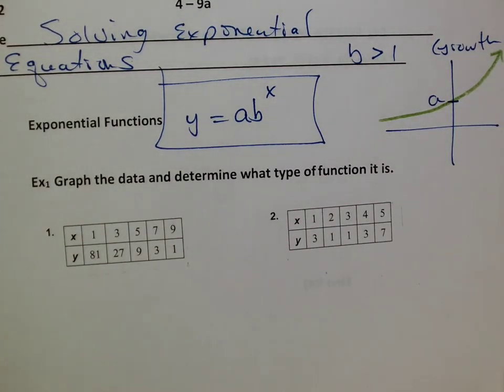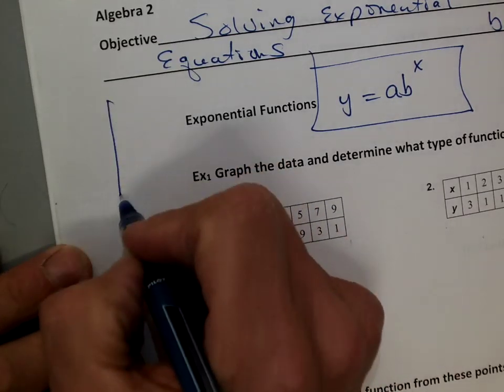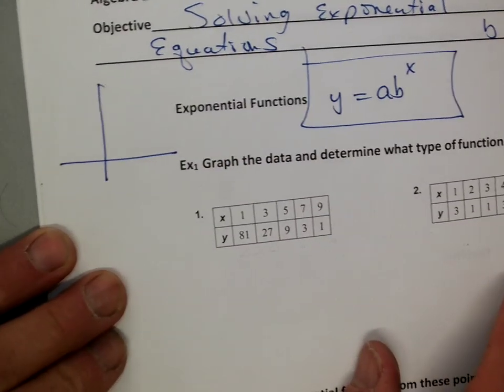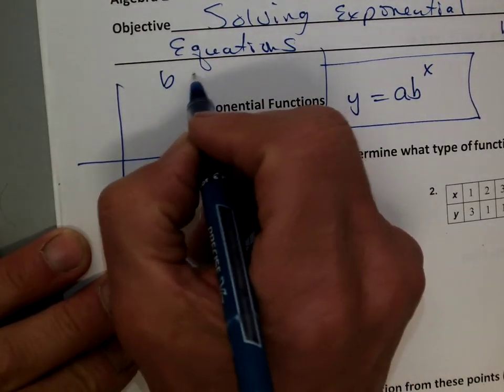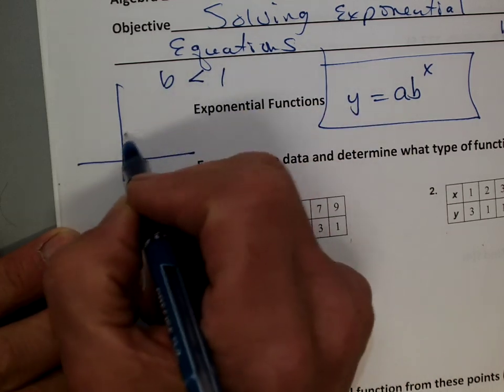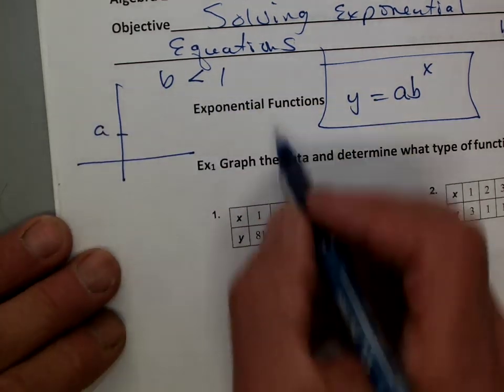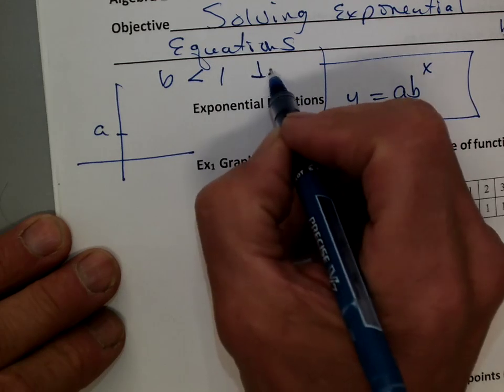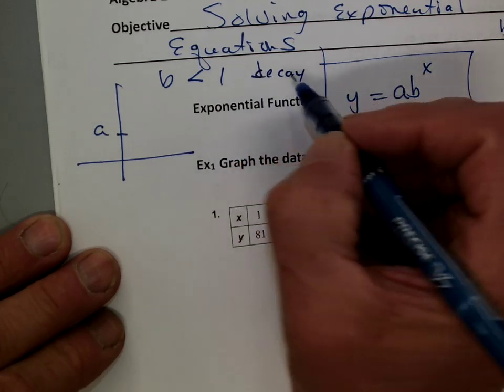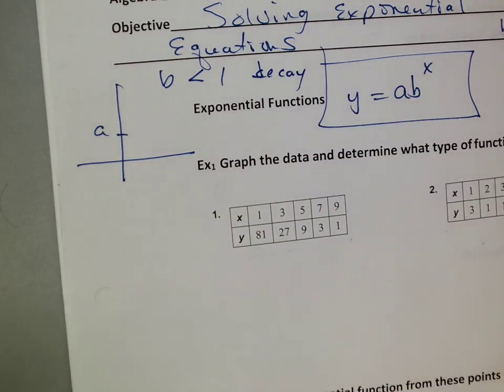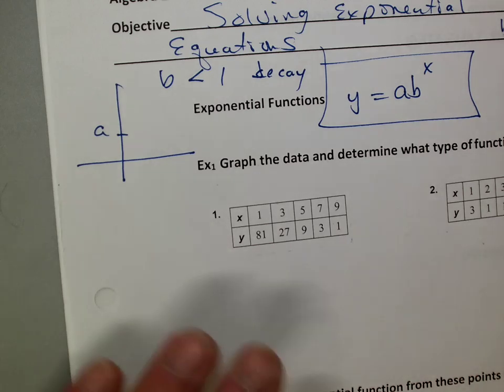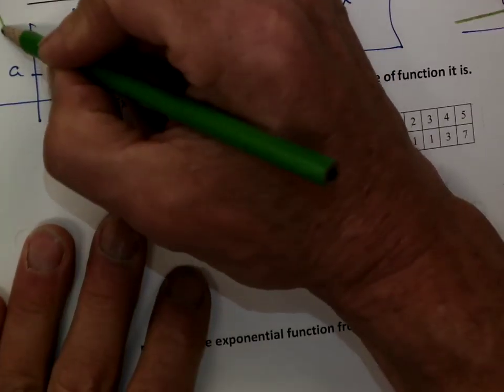On the other hand, if b is less than 1, then it's going to be decay. Like half of something, half of a half, half of a half of a half. It's getting smaller and smaller because the base is less than 1. So it's going to look something like this. That's just the general shape.